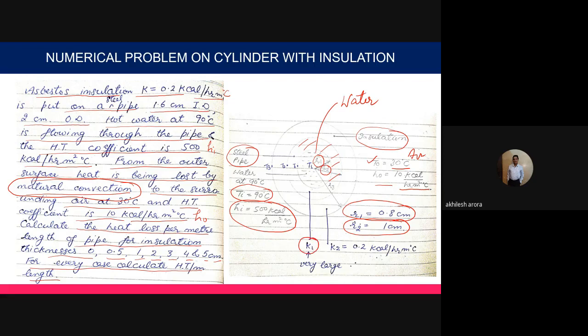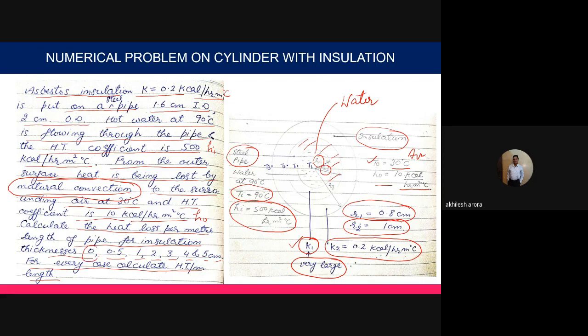Because it's a steel pipe, its thermal conductivity is shown as K1, and normally the thermal conductivity of steel is very high, though it is not mentioned in the question. And then we are given the thermal conductivity of the insulation also. Now actually we have to consider different thicknesses of insulation.